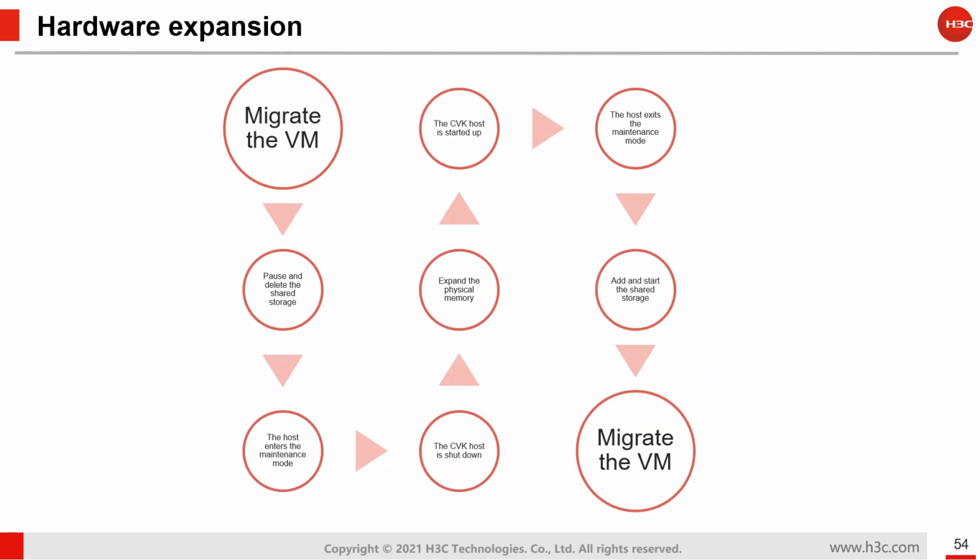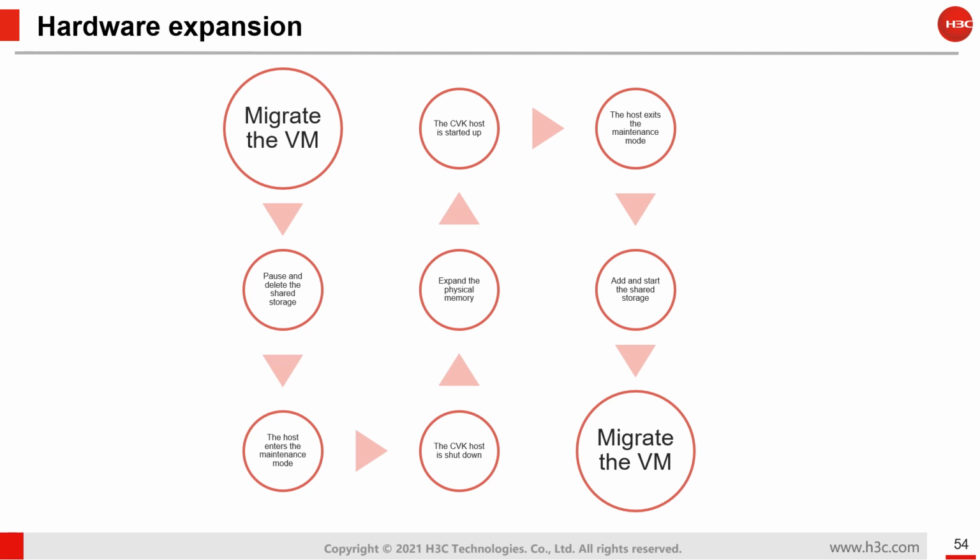Then let's talk about hardware expansion. If you want to expand your hardware, you need to follow these steps. Step 1. Migrate the VM. 2. Pause and delete the shared storage. 3. The host enters the maintenance mode. 4. The CVK host shuts down. 5.